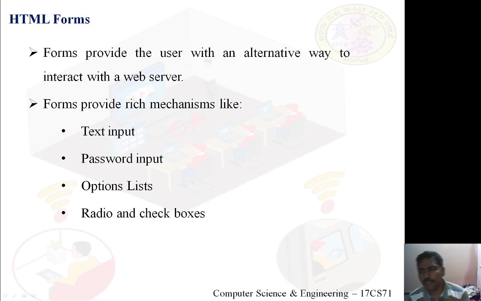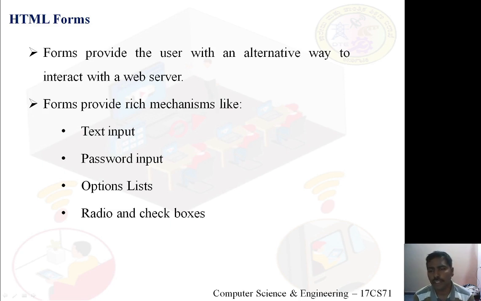Now coming to the types of information a form can accept. As usual, in your login form, you enter your username. There's a text box which accepts regular text as an input, so we call this a text input, which are printable, viewable, visible characters.